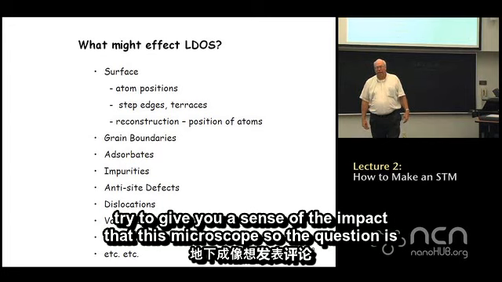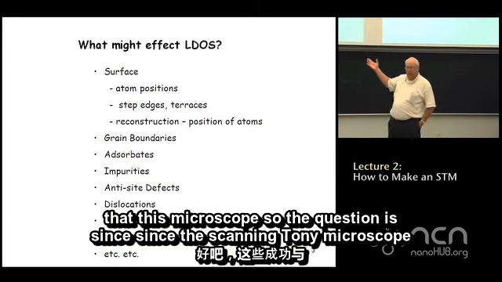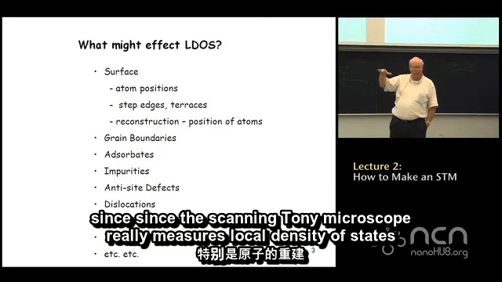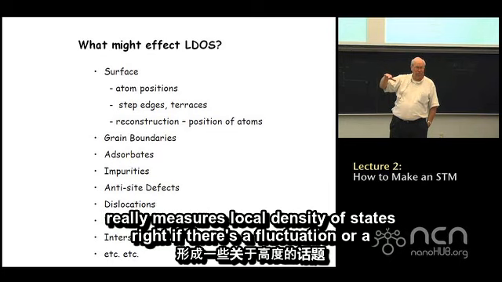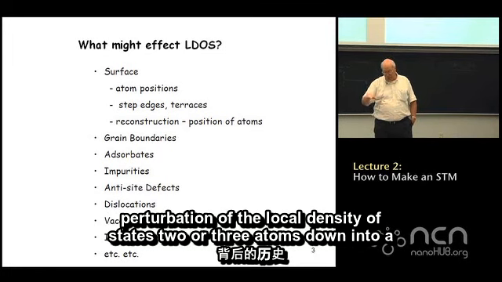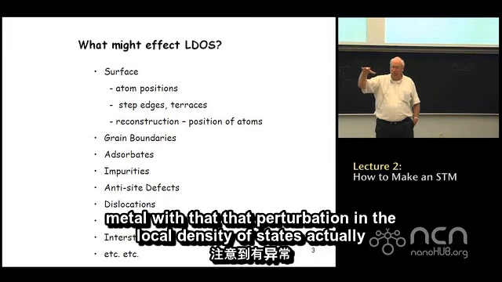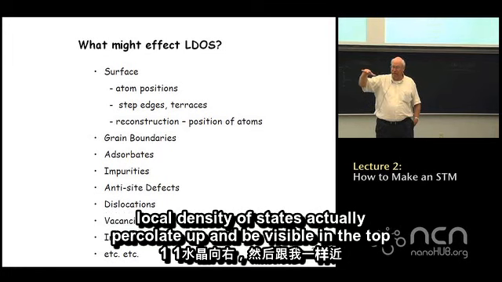Yeah, so the question is, since a scanning tunneling microscope really measures local density of states, if there's a fluctuation or a perturbation of the local density of states 2 or 3 atoms down into a metal, would that perturbation actually percolate up and be visible in the top layer?